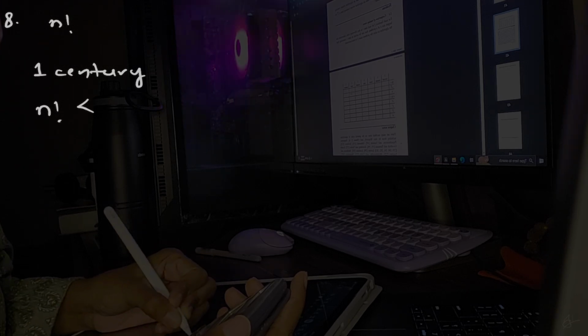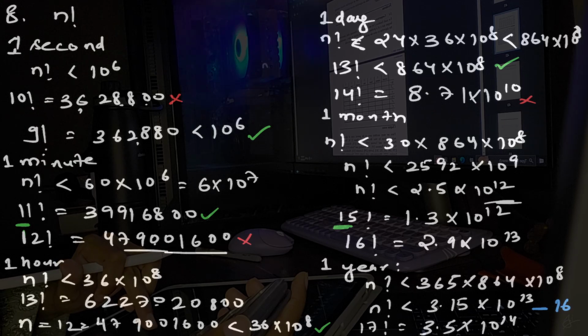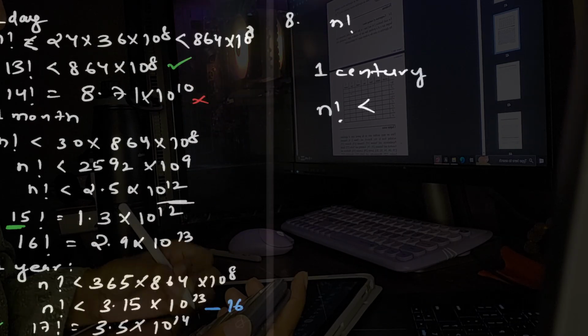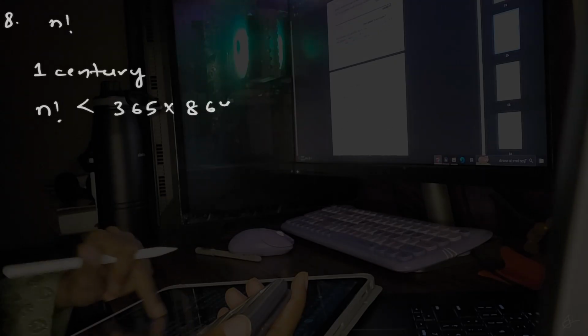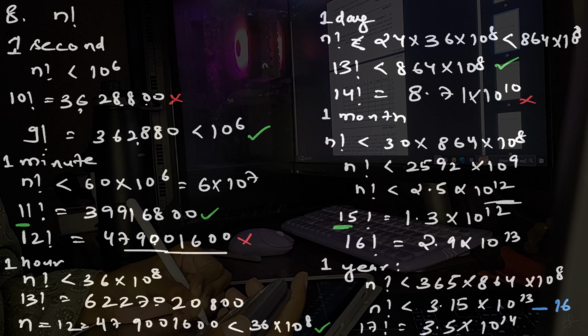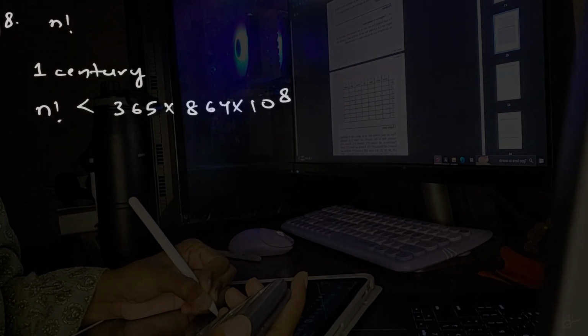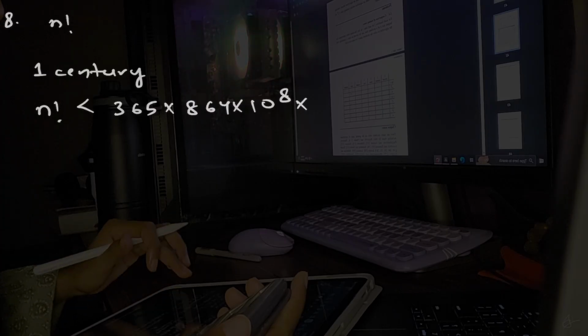Now n factorial should be less than 365 into 864 into 10 to the power of 8, times 100 for a century, so 10 to the power of 10.